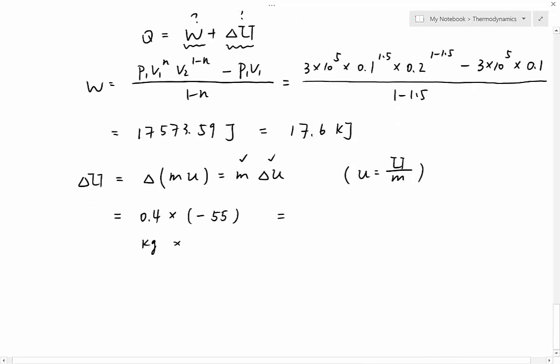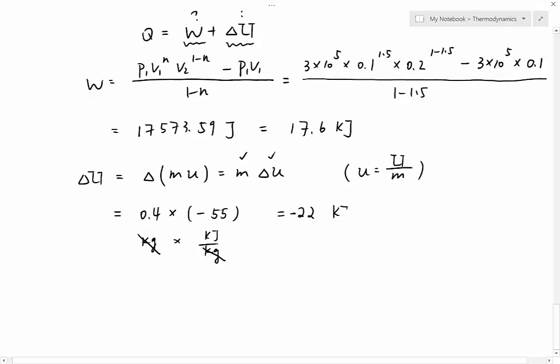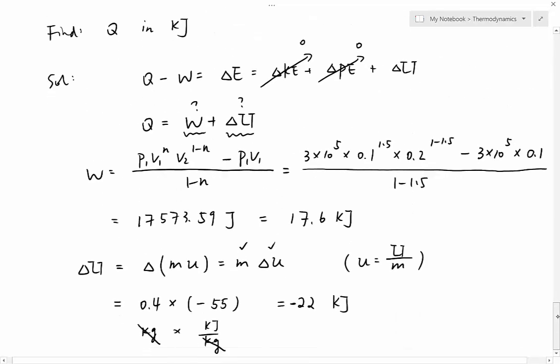The unit given was kilojoules per kilogram, so the kilograms will cancel each other. Our solution will be negative 22, and the unit left is kilojoules. Negative 22 kilojoules.